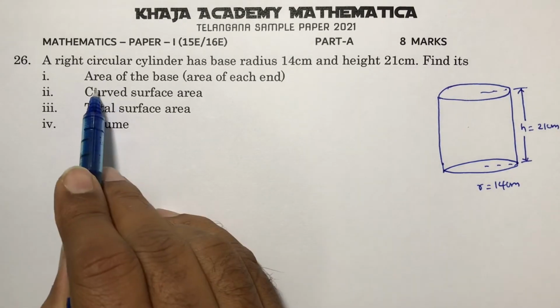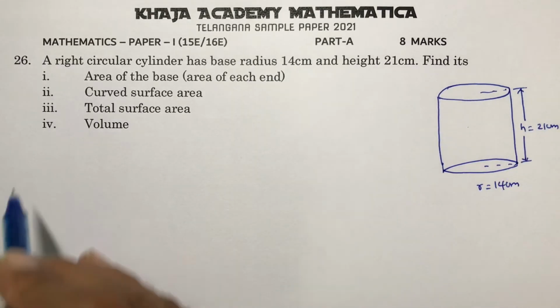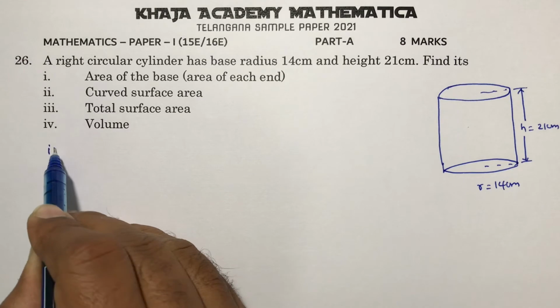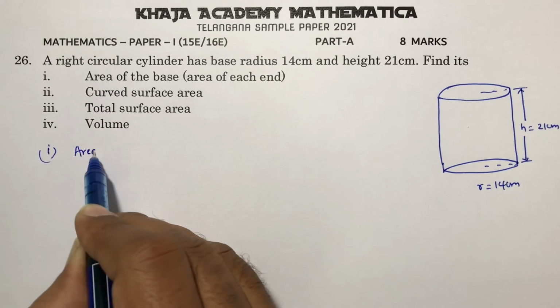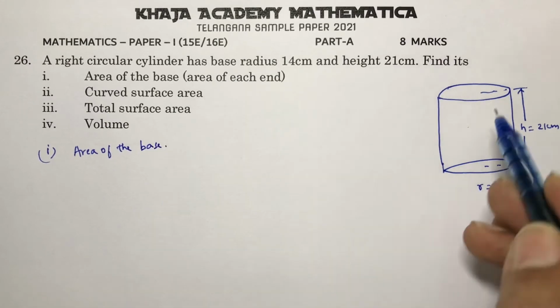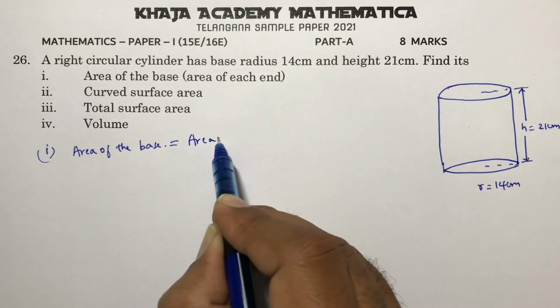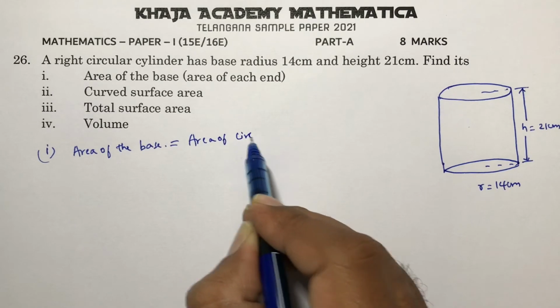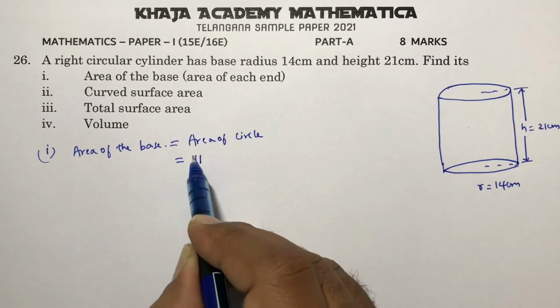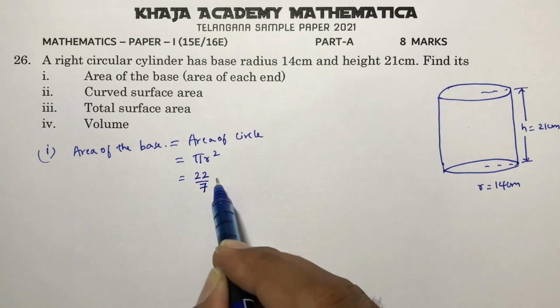We need to find the area of the base. The base is in the shape of a circle. So first one, area of the base. Each base, they told, so both bases will be the same. So area of the base is nothing but area of a circle, so pi r square. Pi is 22 by 7.